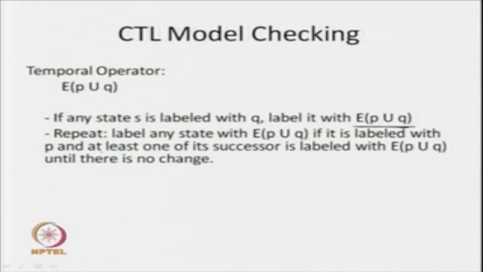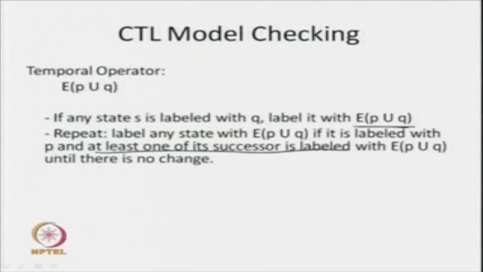That is why we say at least one successor is labeled with E[P until Q], and P must be true at that point. If any one successor is labeled with E[P until Q], then somewhere in the future Q is true, and till that point P remains true. So first, any state S labeled with Q gets labeled with E[P until Q], and then we repeat this procedure.